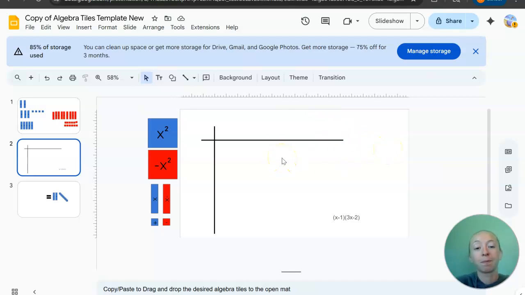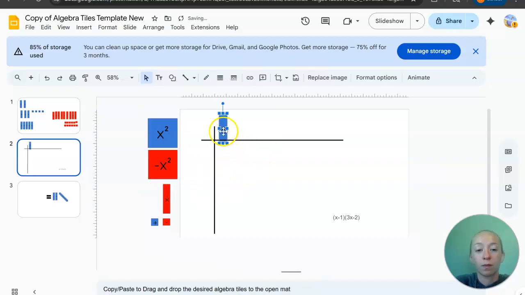We're going to put our first one right up top here. So we have x minus 1. Minus 1. Next one, we have 3x.